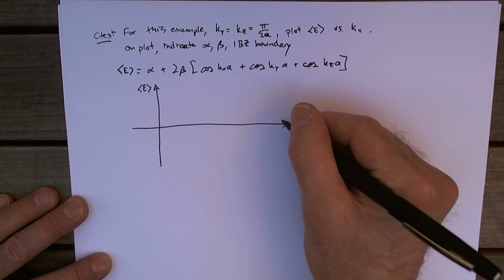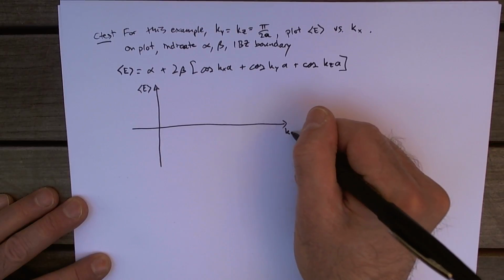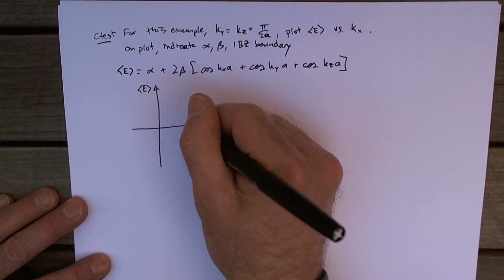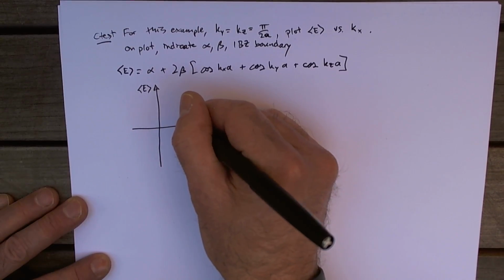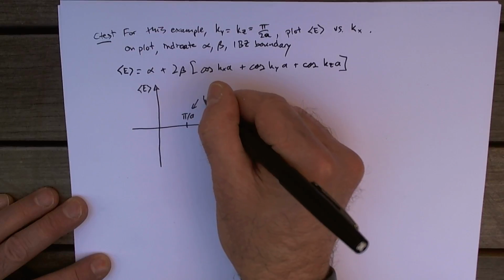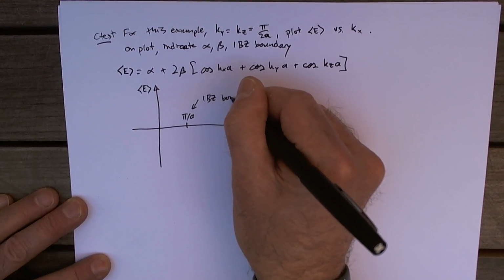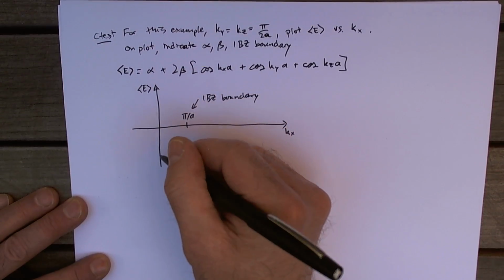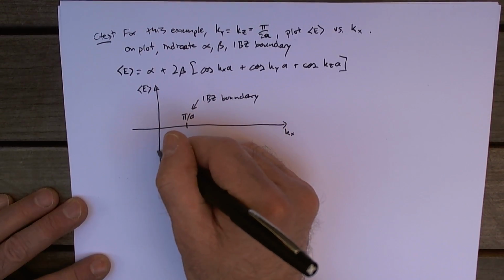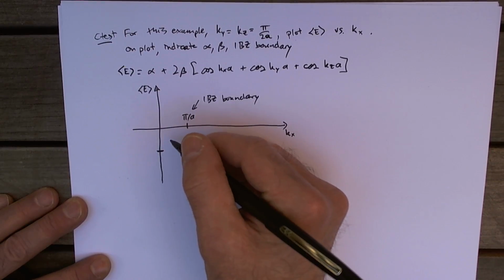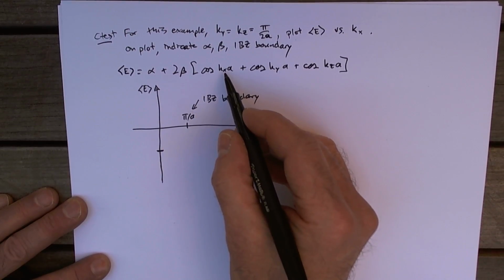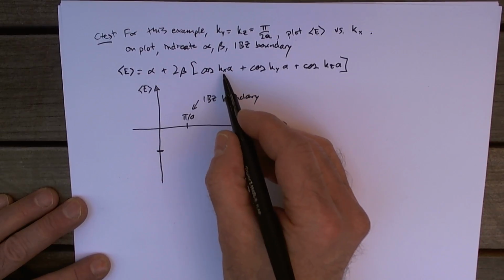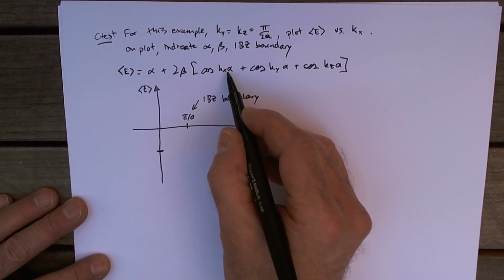expectation value of the energy versus kx, our 1bz boundary is at, let's put it here, pi over a. 1bz boundary. As we've discussed, both alpha and beta are negative. So let's say alpha is here, and when kx equals pi over a, then I'm going to have the cosine of pi, which is -1.